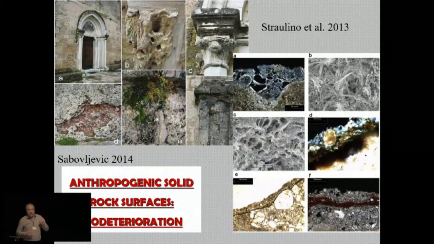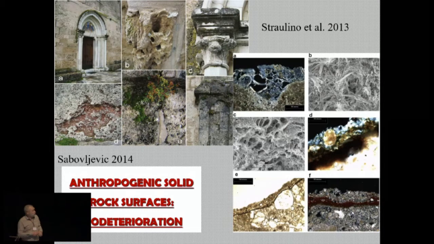These artificial human-made solid rock surfaces also interact with the environment and produce crusts, pendants, rings on the surfaces, but these objects are mostly out of the scope of pedology. They are studied by specialists in biodeterioration, related to, for example, problematics of conservation and restoration of historical buildings.